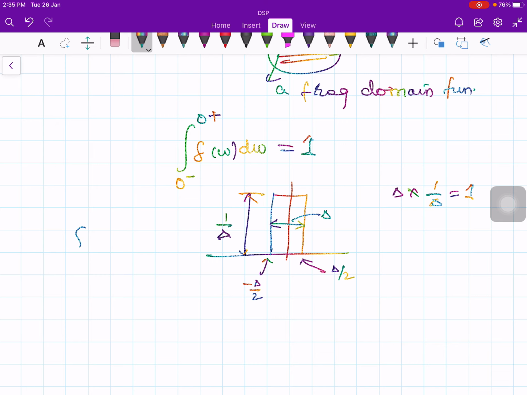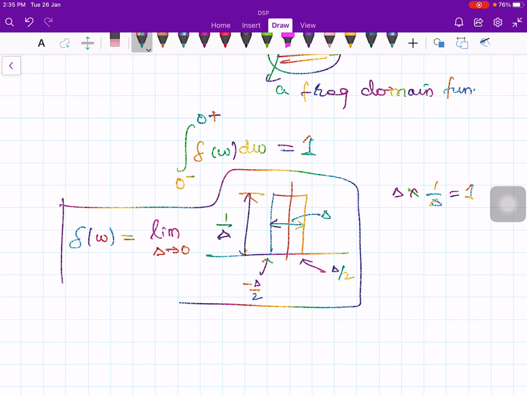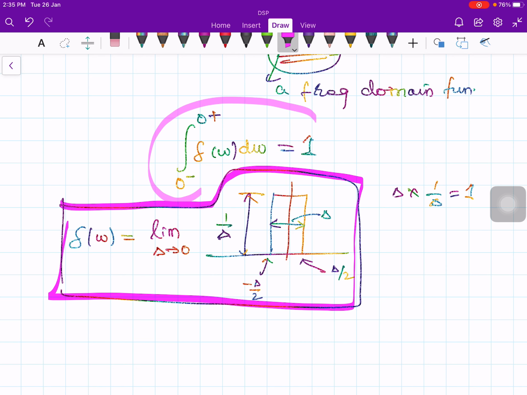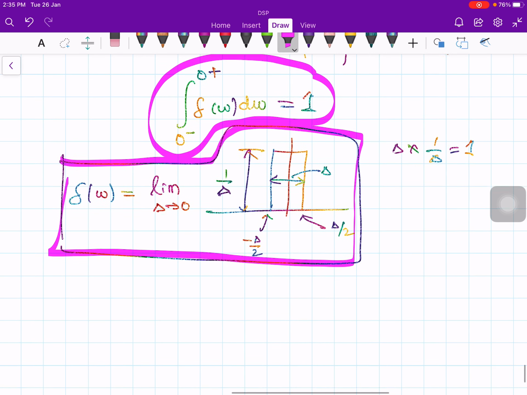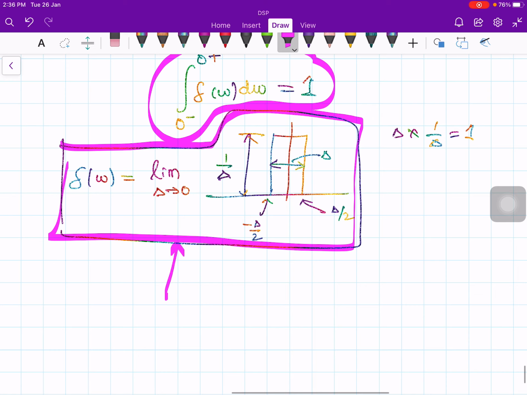So del of omega is equal to the limit as delta goes to 0. Okay, so this is the definition of the delta function. You can take this also as the definition. So this is the definition of an analog pulse function.